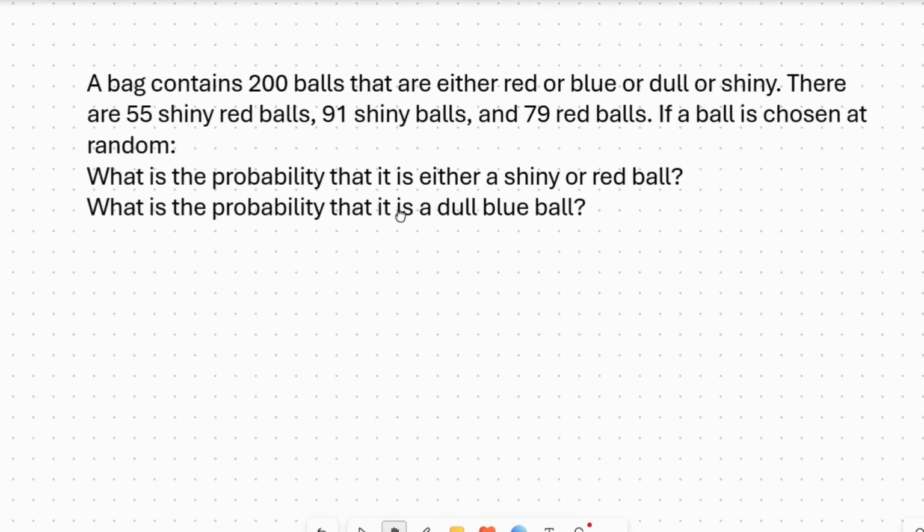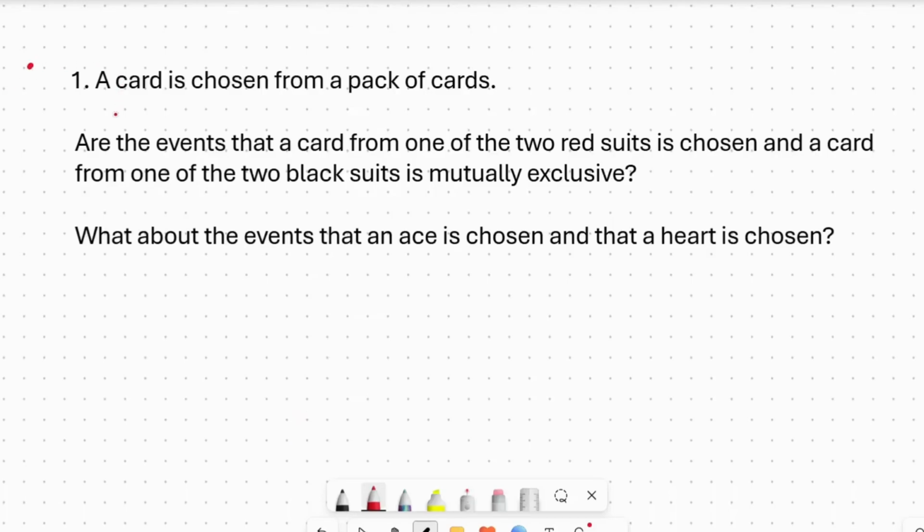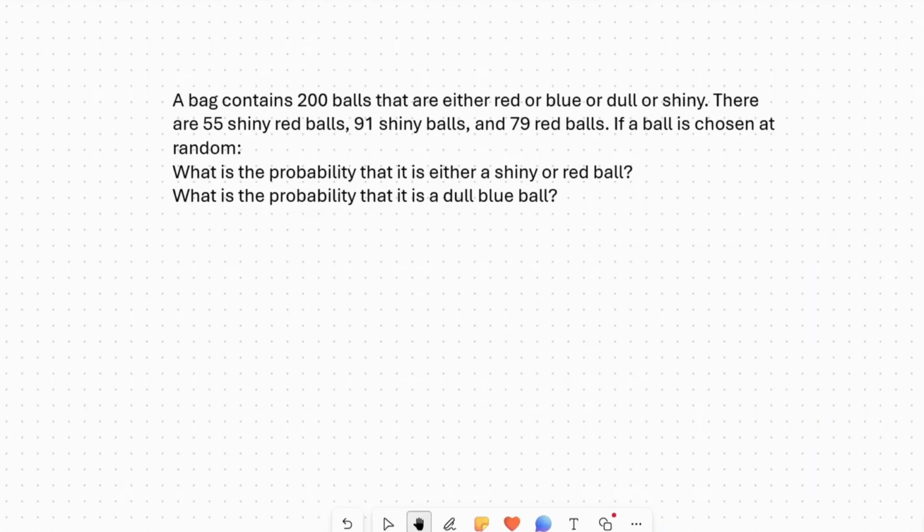This is a little bit tricky. So let's understand this. A card is chosen from a pack of cards. Yes, we have to choose one card from a pack of cards. So now let's solve this one.